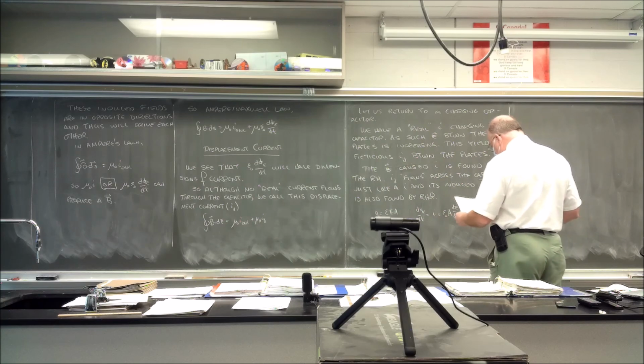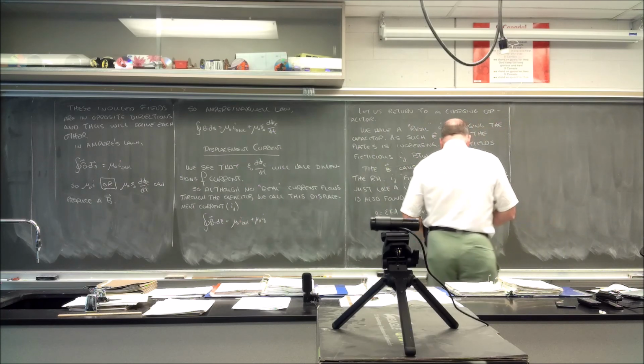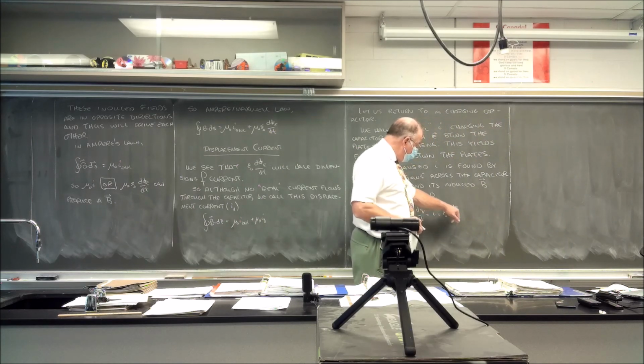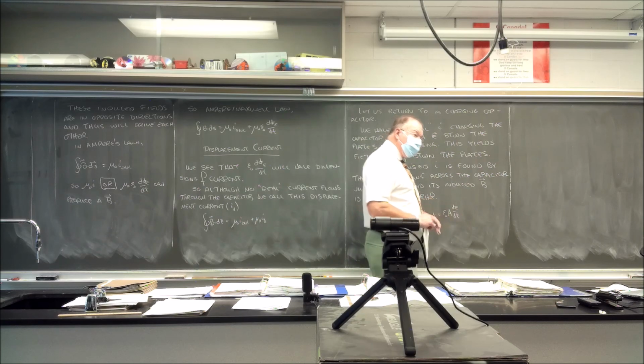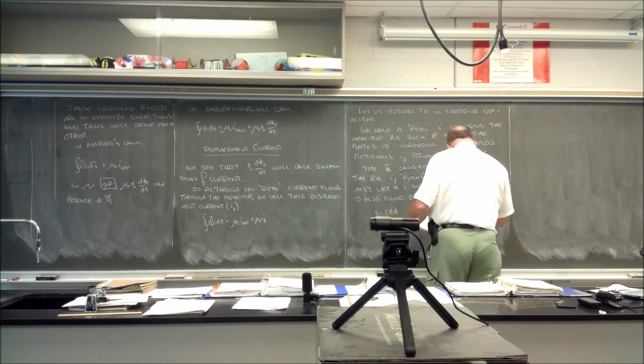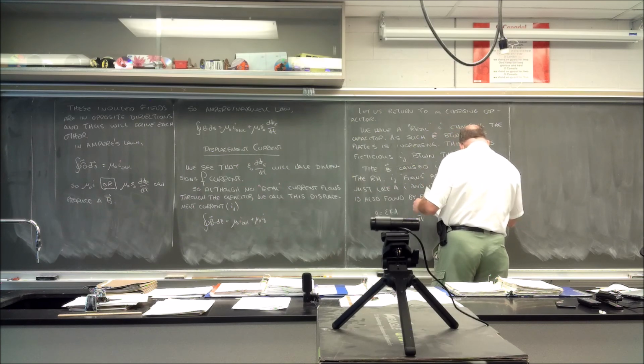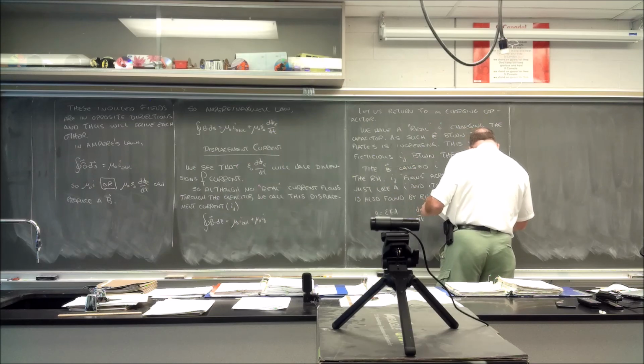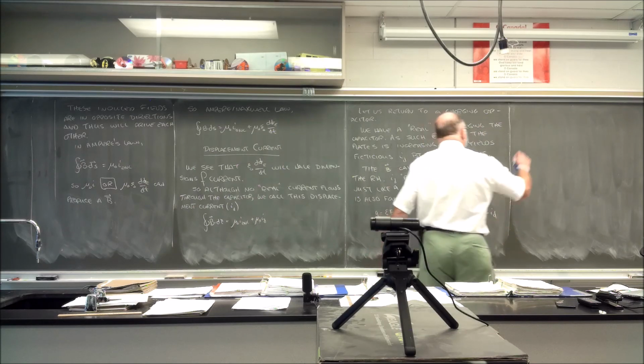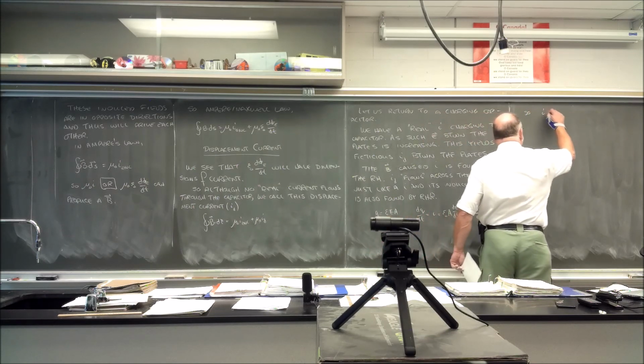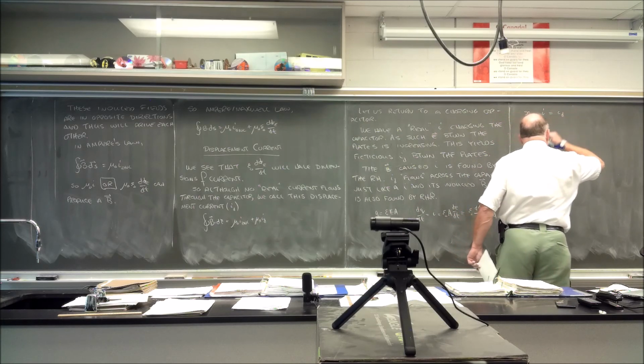And of course, the area times the changing field is just the flux. This is equal to epsilon naught d phi sub E dt, which is equal to I sub d. And so the current in the circuit is equal to the displacement current, as you might expect it to.